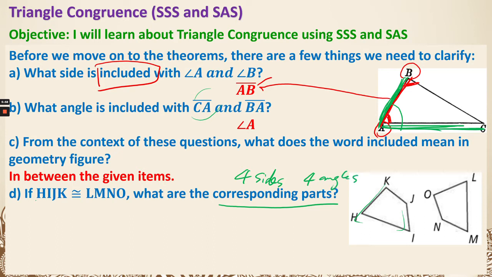So first, H and L. That's angle H is congruent to angle L. Then we just move on. The second letter is I and M. So they are corresponding. Third one, J and N. And then lastly, K and O. So these are the angles that are corresponding.